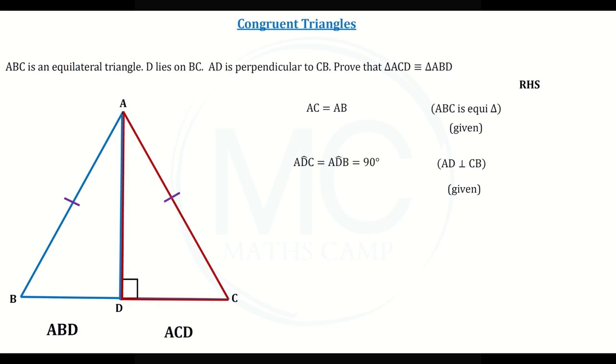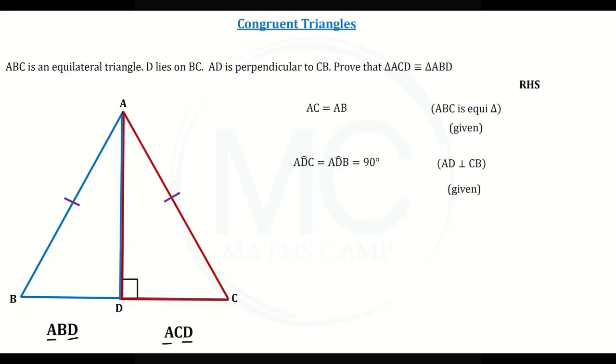Now we have highlighted AD in red and in blue because AD is a side in both triangles. In ABD, A is the first letter and D is the third. In triangle ACD, A is the first letter and D is the third. So AD is the corresponding side in both triangles. When we worked with similar triangles, we said that if an angle appeared in two triangles, we could consider it as a corresponding angle because the size doesn't change.